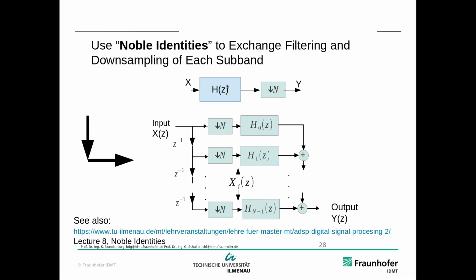Somehow they need to be derived from this H(z), because at the output we sum them all up and then we should get the same output. So basically this allows us to turn serial processing, as we did here, into parallel processing down here. All those filters operate at the lower sampling rate. So instead of serial, we do parallel processing at the lower sampling rate.